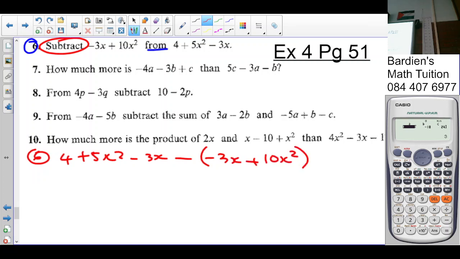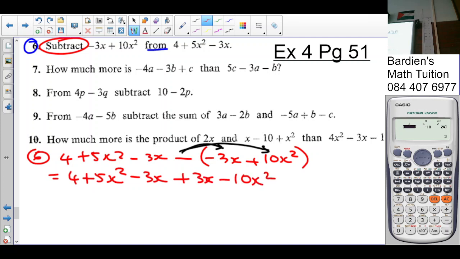Why the bracket? More than one term following a negative sign. So we get rid of the bracket now, and that's going to give us 4 plus 5x squared minus 3x, negative times negative, positive 3x minus 10x squared.